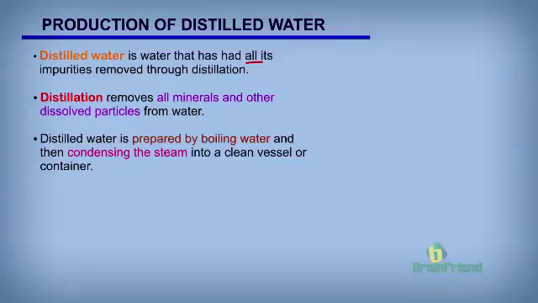So we say that distillation removes all minerals and other dissolved particles from water. Distilled water is prepared by a very simple process, boiling the water and then condensing the steam into a clean vessel or container. It's kind of simple.